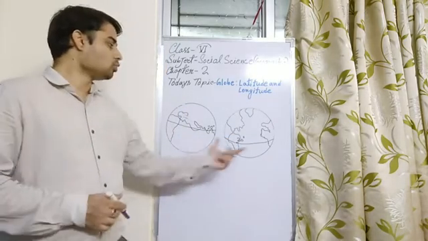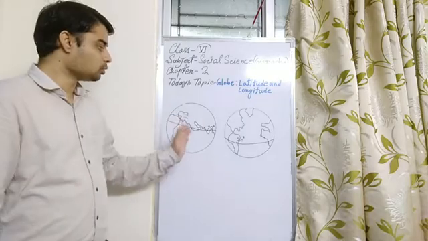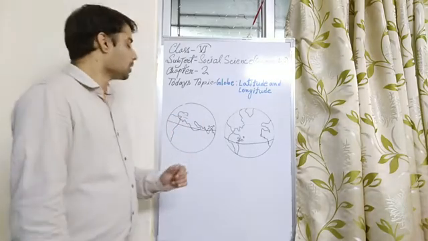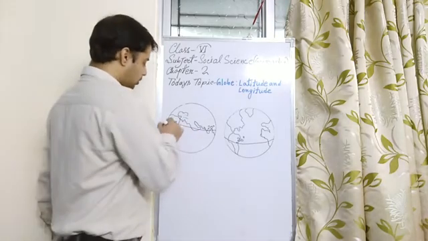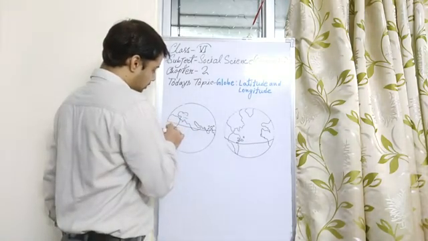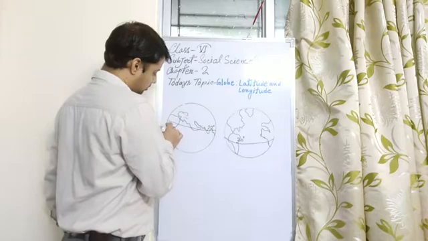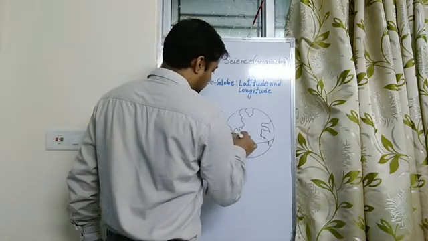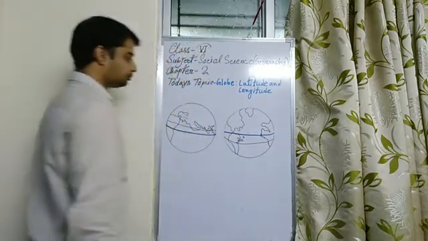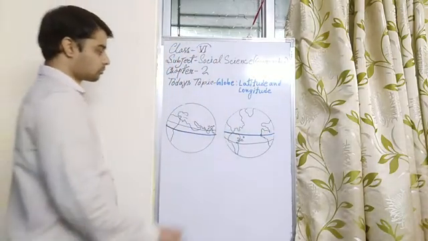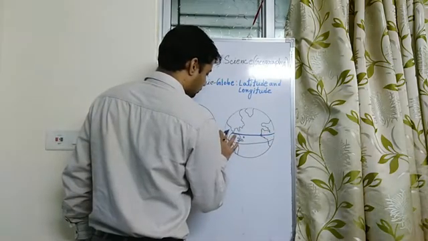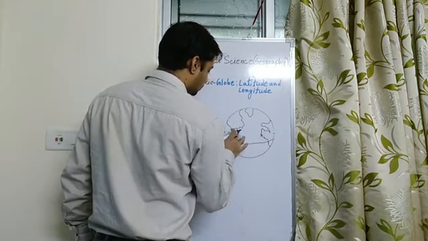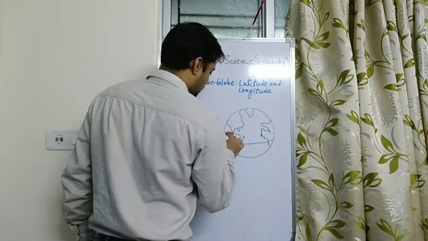I have drawn two different globes to represent the actual situation. In both cases, if I draw the equator, suppose this is the equator, and in this case this is also the equator.